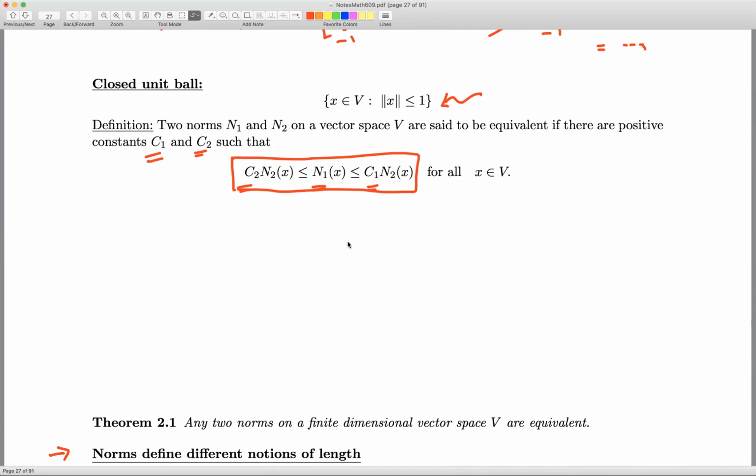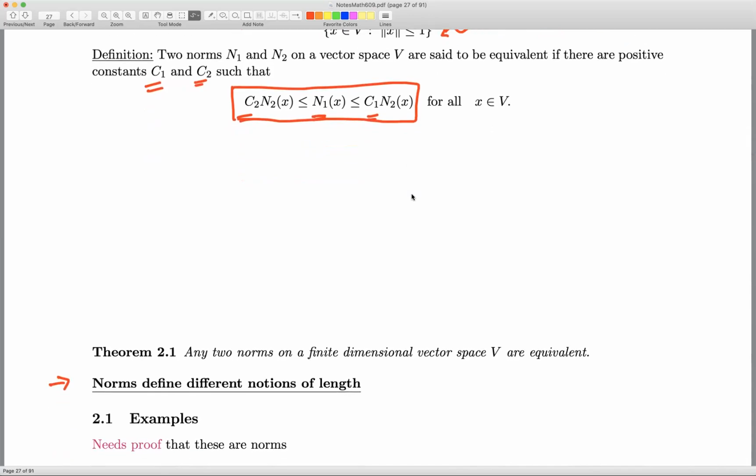However, they exist, and they are absolute constants that do not depend on the particular element X in the inequality.